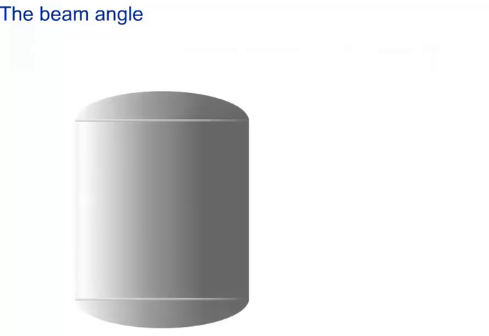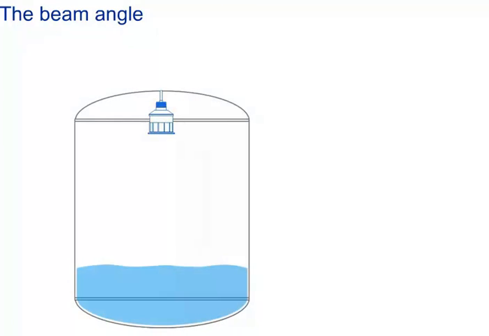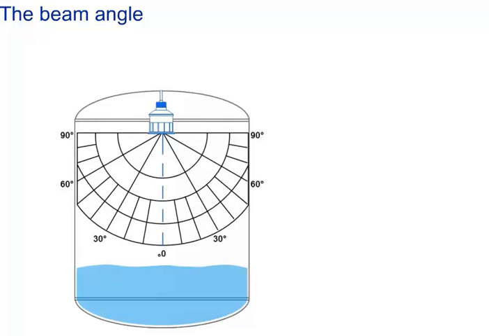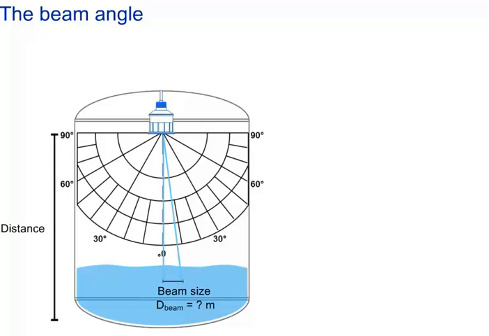I now want us to look at an inherent property of ultrasonic waves. It is called the beam angle. Because we're working with sound, it's difficult to get the beam very focused. Typical ultrasonic instruments have a beam angle of less than 10 degrees.